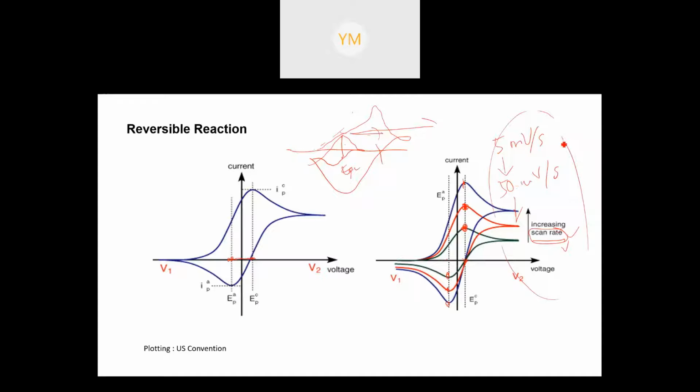Let's say the scan rate is increased 10 times, then it should move by a corresponding magnitude of potential. But for a reversible reaction, if you change the scan rate 10 times, it's still at the same potential. That is the characteristic of a reversible reaction.